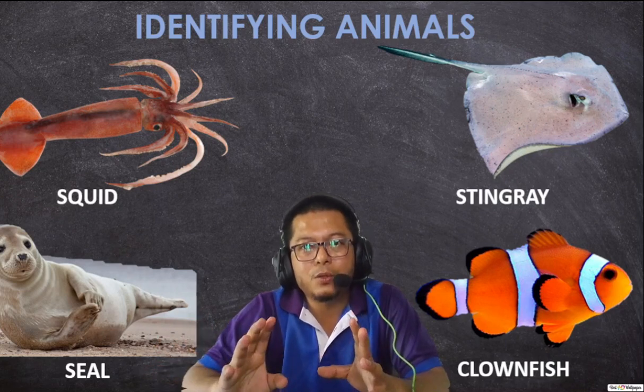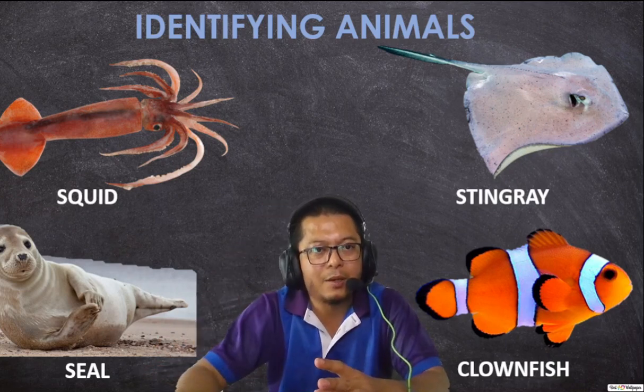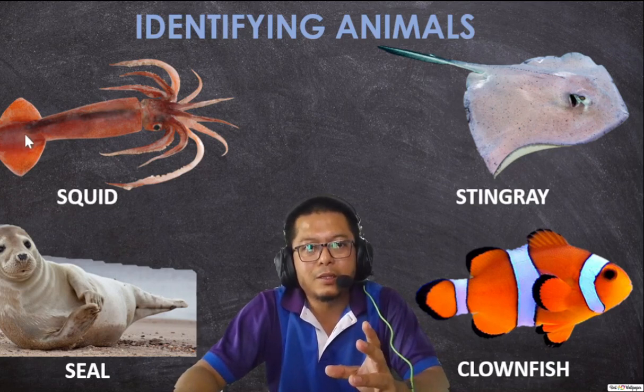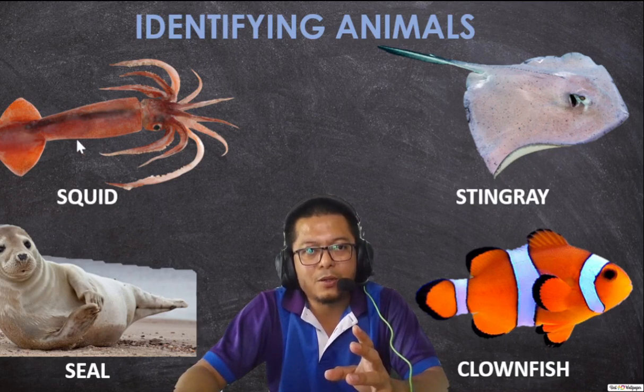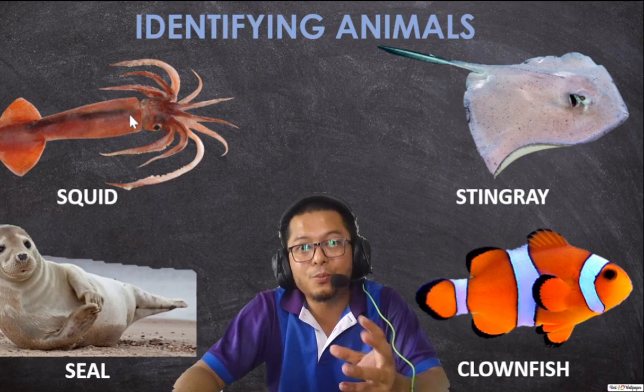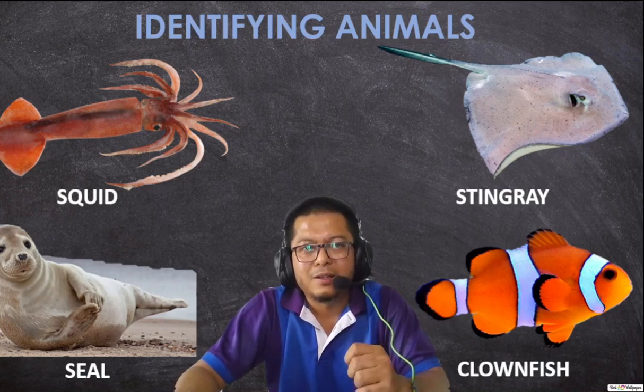Now octopus has a round head. This back part is round. For squid, this is sharp, like this. Octopus has a round head, round body or head.